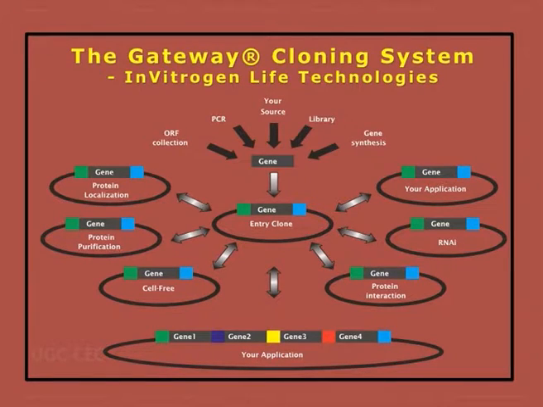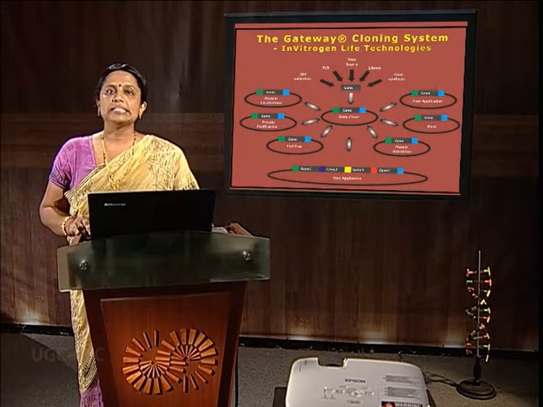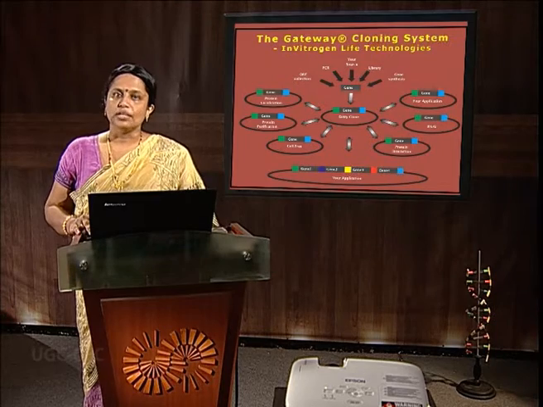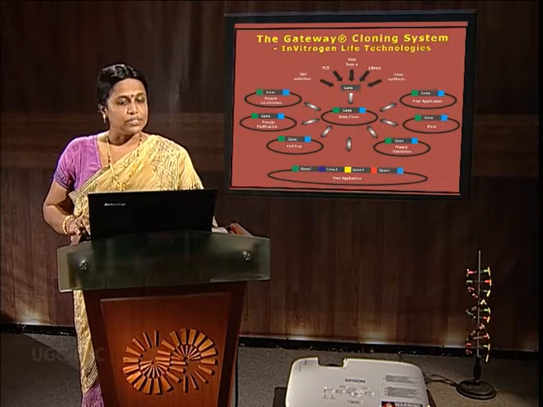The next important point is that a 1 hour room temperature reaction gives 99% efficiency in cloning. Here we don't need to go for resequencing, it is compatible with automation, and it facilitates reversible reactions. So, all these features make gateway cloning the method of choice for recombinant DNA technologists.